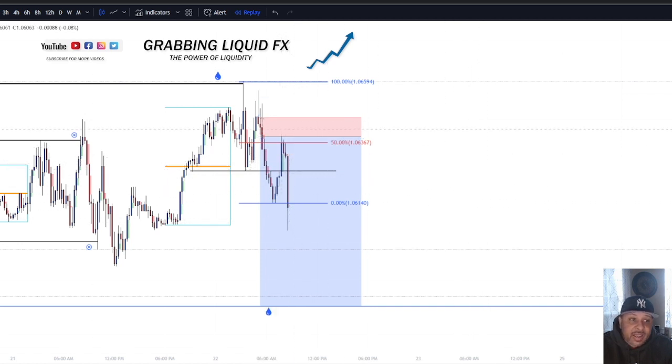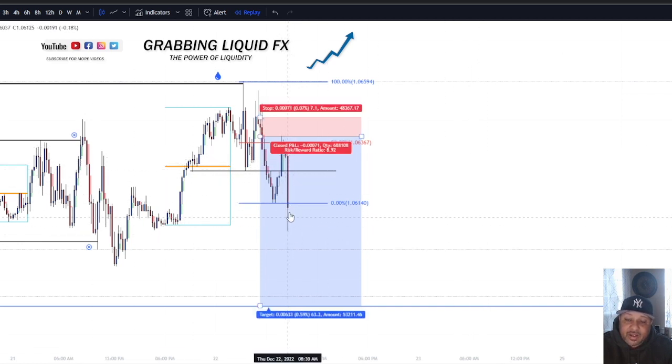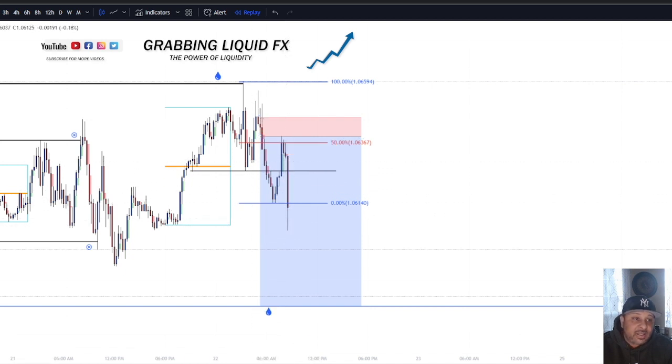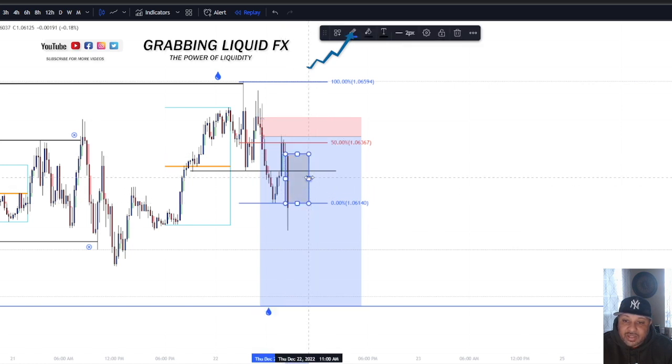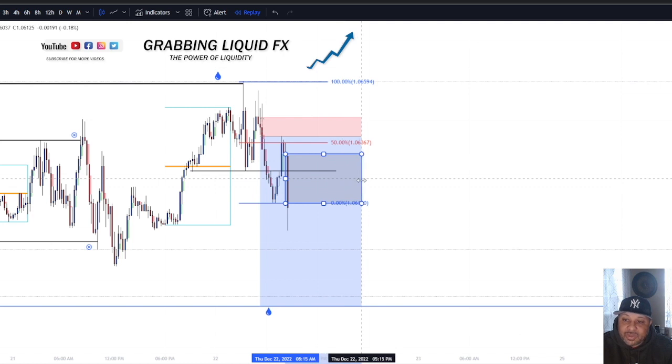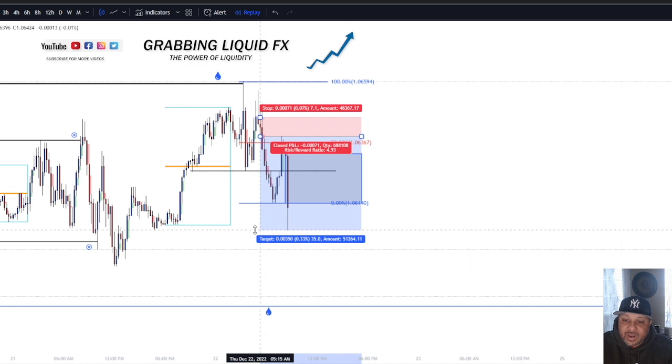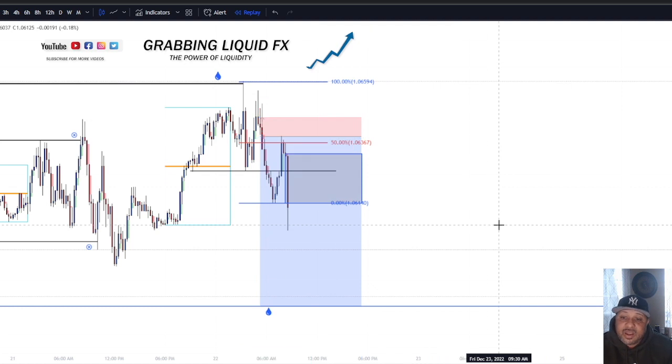Because what you have to understand, at this candle right here, this candle is so powerful that it's going to leave more imbalance. We have small imbalance here, and it's going to definitely leave more imbalance. And because it leaves more imbalance, I have to be careful with this trade. I don't want to lose the 5 to 1 that I already got, but I'm willing to risk it for this almost 9 to 1 RR trade.